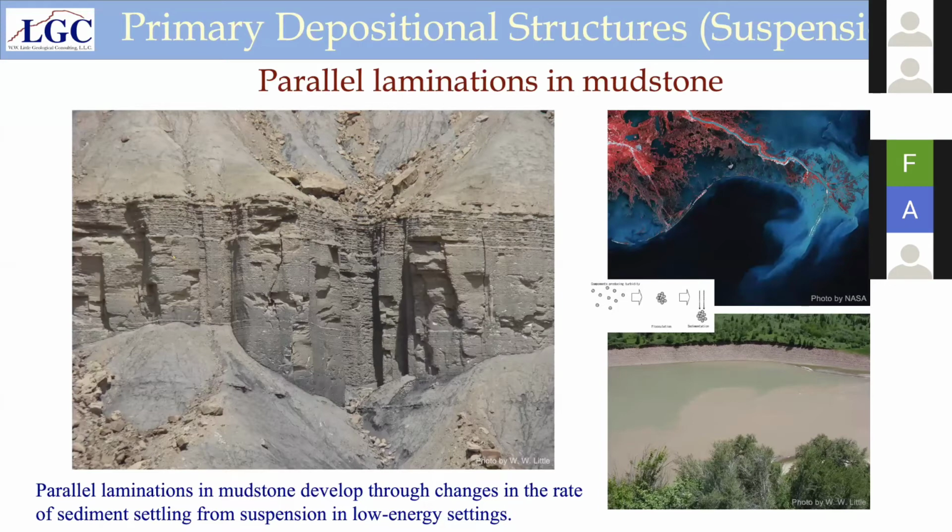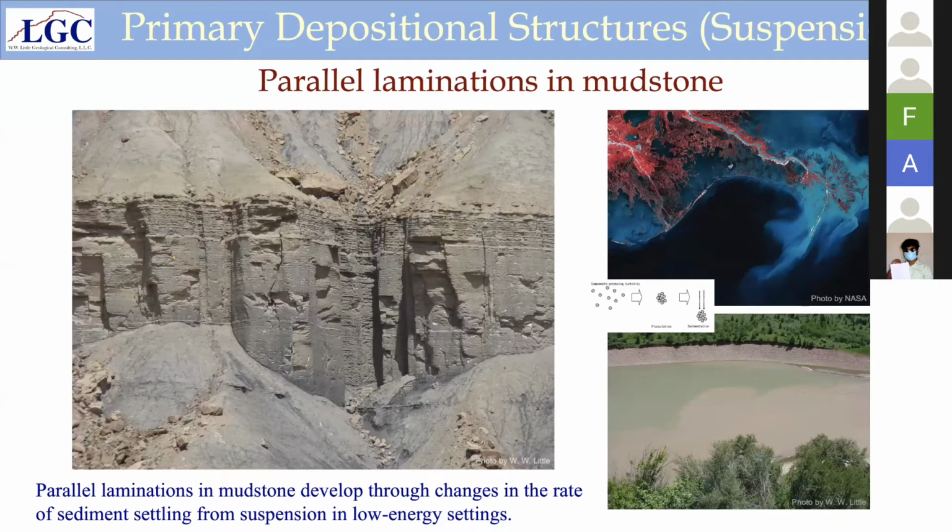A few of those are a little bit more silty, and so there can be some high energy events that bring silt out into the basin. And a few of those are actually very thin limestones that are formed during times of sediment starvation, when there's almost no clastic sediment being deposited.